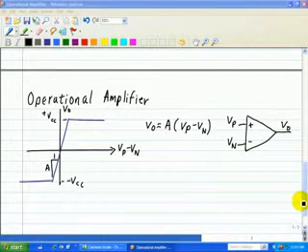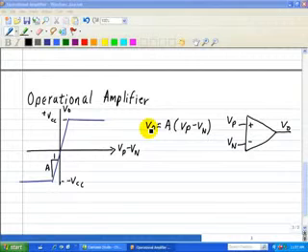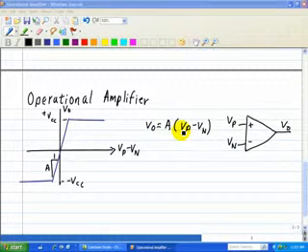Now let's look at the transfer characteristics of an op-amp. What we mean by transfer characteristics is what the output is in terms of our input. Well, our input is in terms of our non-inverting and inverting inputs. In fact, it's the difference between these two inputs multiplied by some high gain.